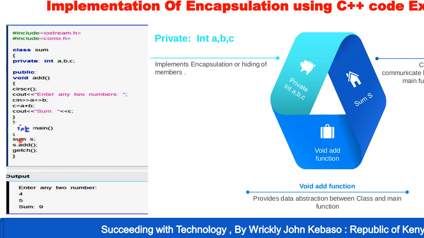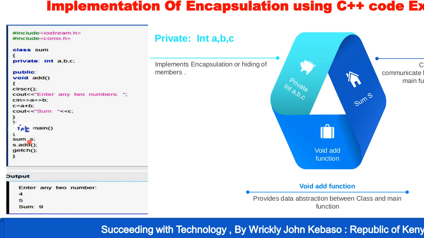So we said initially that to create an object variable, you pick the name of that particular class, and then you put a space, and then you give an identifier. Like in this case, we are saying sum space s. So s becomes an object variable for class sum, and it is the one that is going to be used by this main function to communicate between the class and itself.